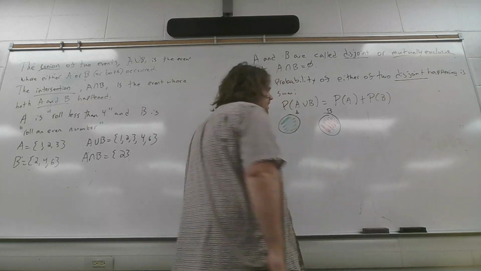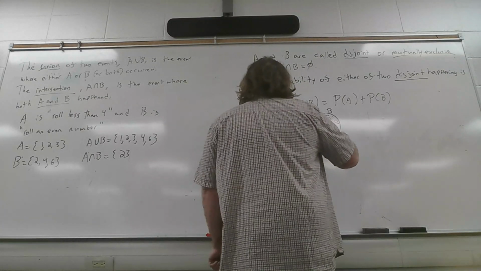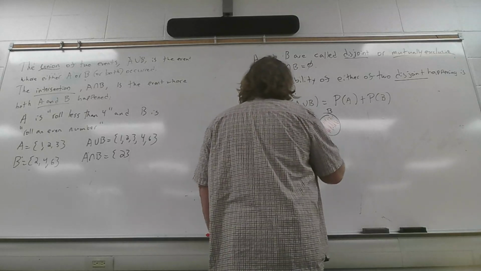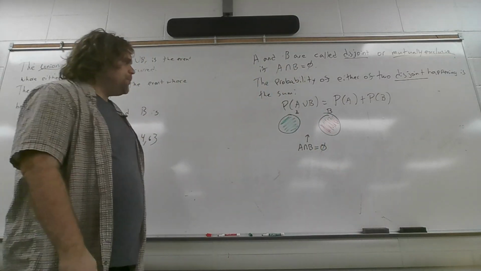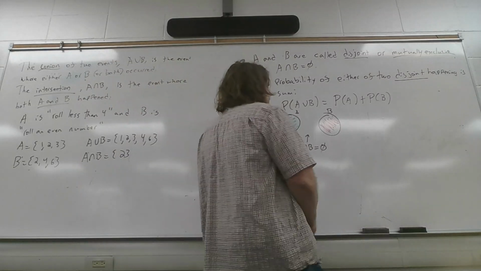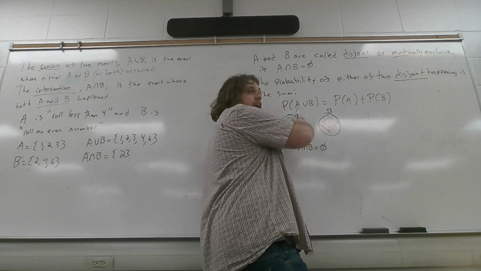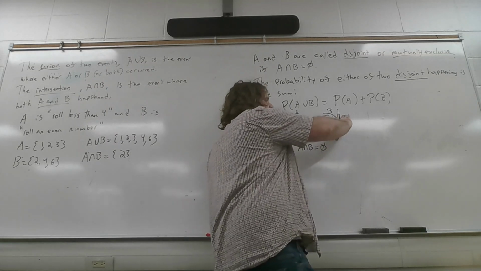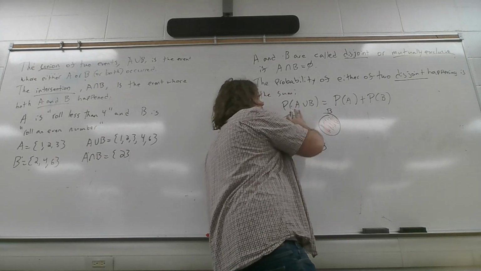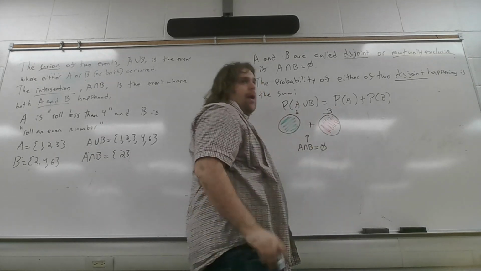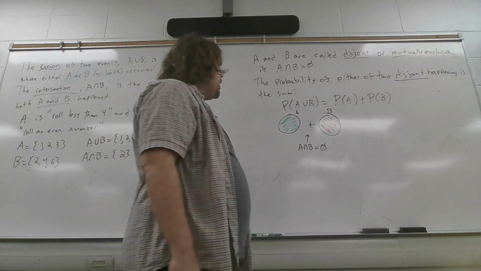Oh my, I'm having a day. We look here and we see that there's nothing in common, right? Their intersection is empty. So it makes sense that if this is representing a probability or like an outcome, and this one is also, that if we wanted to figure out what is the probability of either of these happening, we just add them up, right? Because they're sort of completely separate from each other.